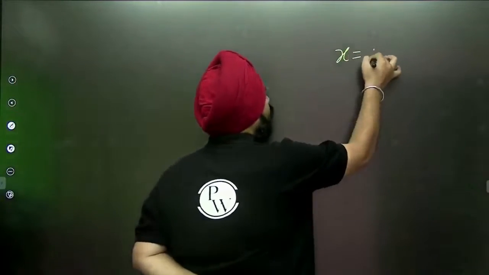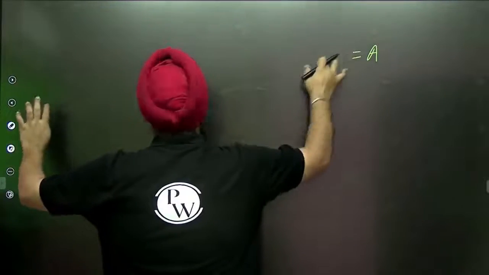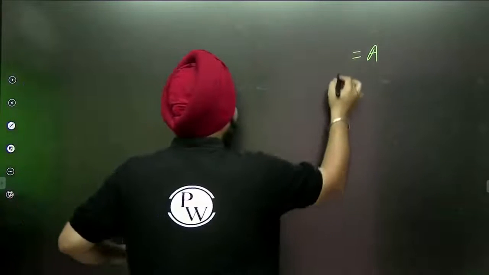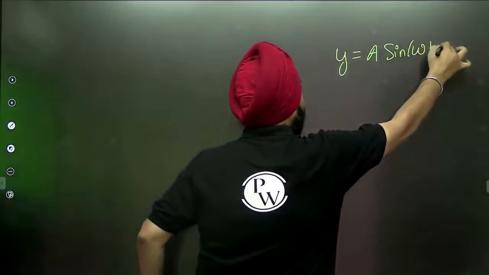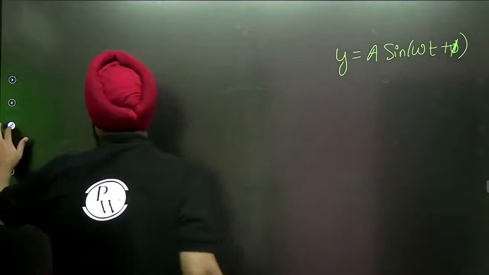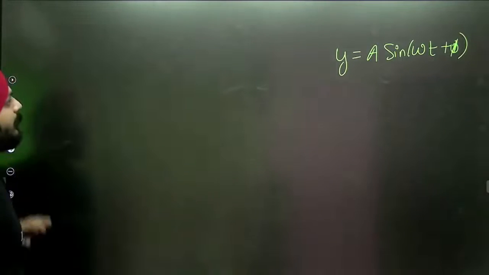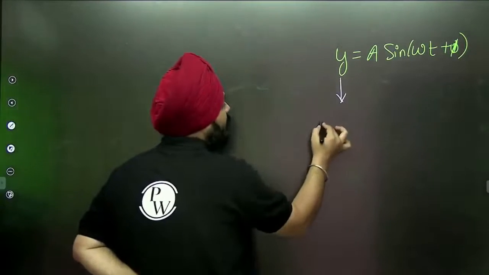Let's take the easy thing to understand. Y is equal to A sine of omega t plus phi. What is Y?